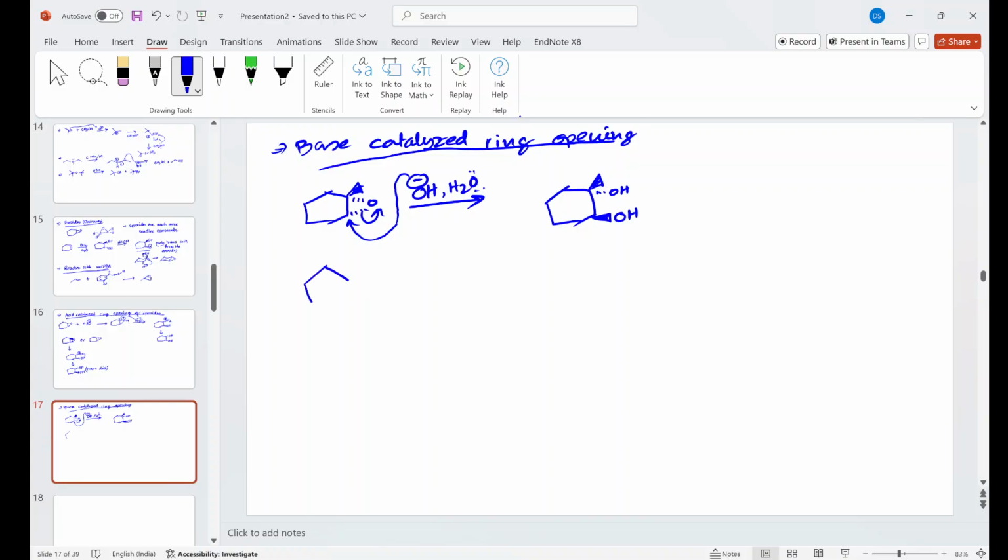As a whole, if you have an alkene, you can react it with MCPBA to get a syn epoxide. Later, you can get the trans diol.